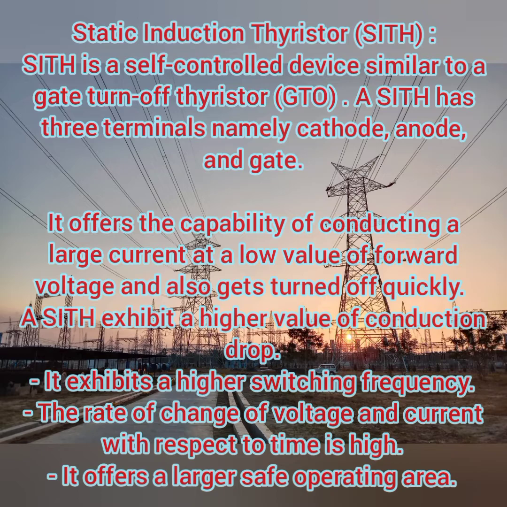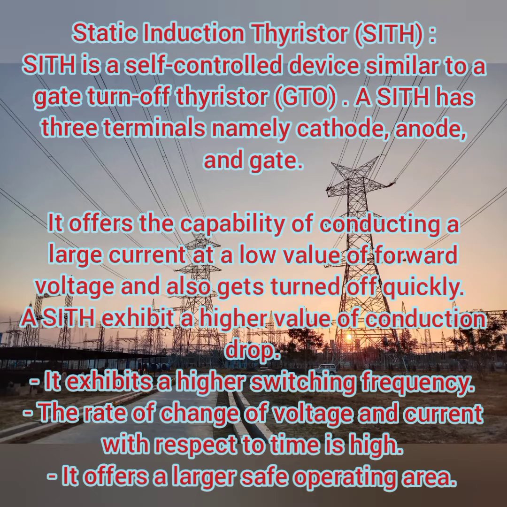It offers the capability of conducting a large current at a low value of forward voltage and also gets turned off quickly. The SITH exhibits a higher value of conduction drop, then it exhibits a high switching frequency. Then the rate of change of voltage and current with respect to time, and it also offers safe operating areas for operations.